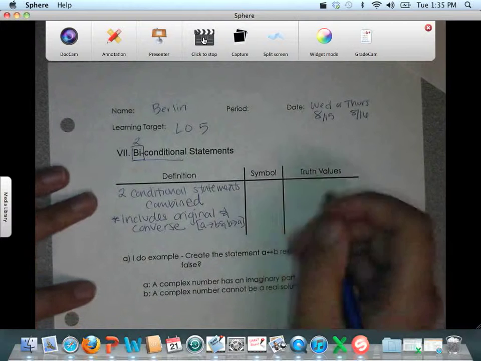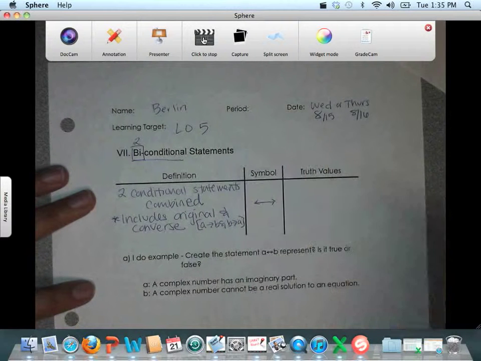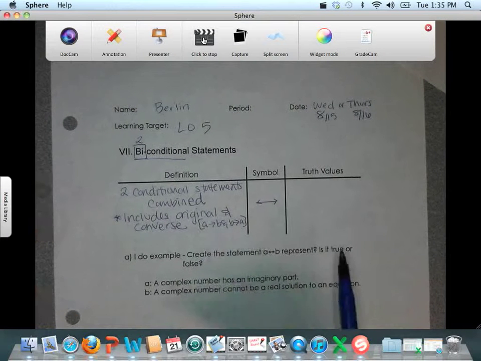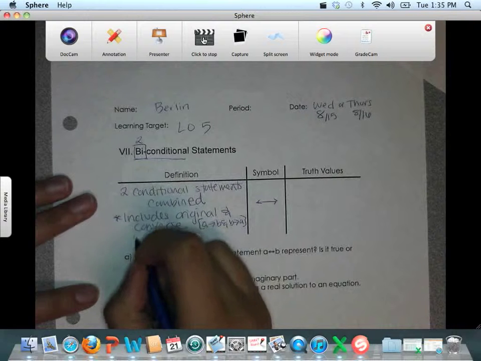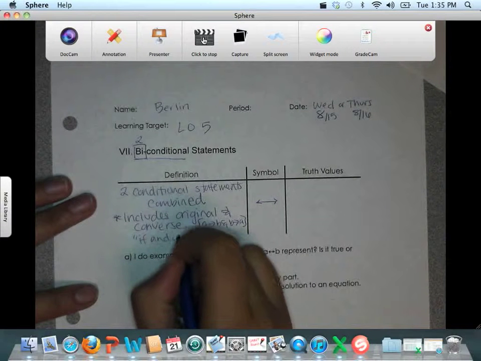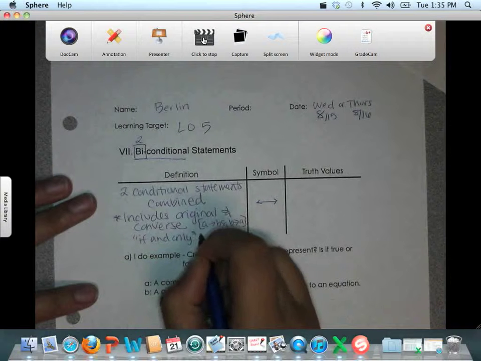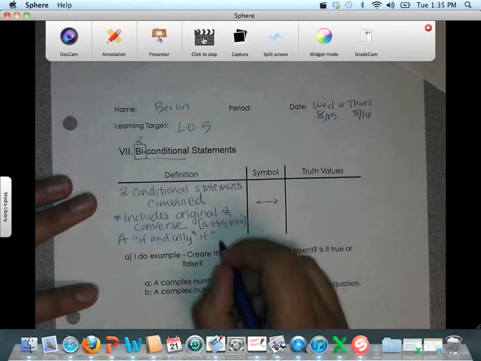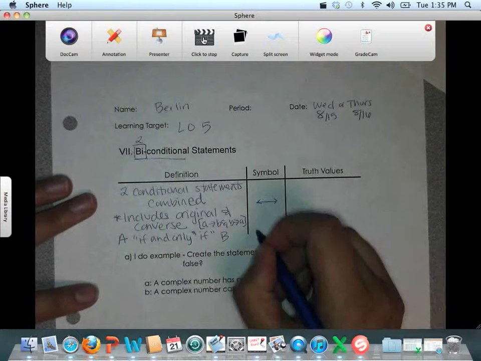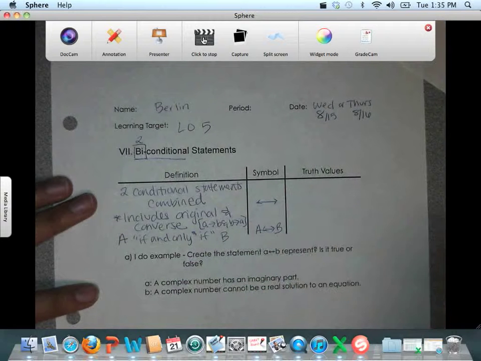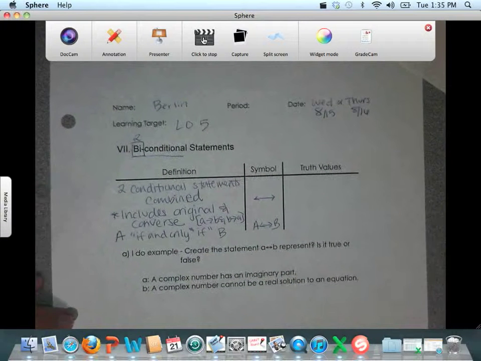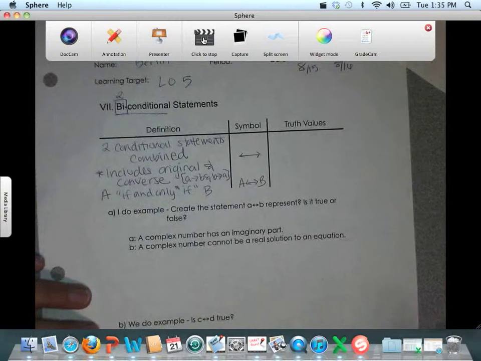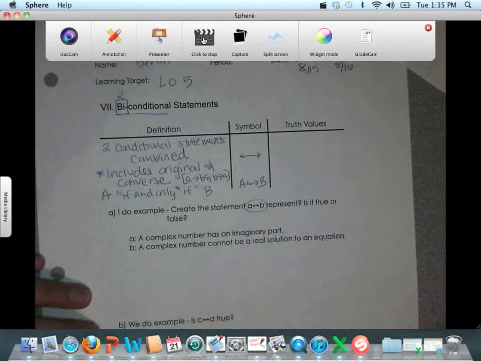Okay, so the symbol for biconditional is a double arrow, which makes sense because it goes both ways. The way you connect the statements is you use the words if and only if. So essentially you do statement A, if and only if, statement B. For example, A, double arrow, B. Let me do the one below to show you what I mean. You have two statements here, A and B, and we want the biconditional statement.